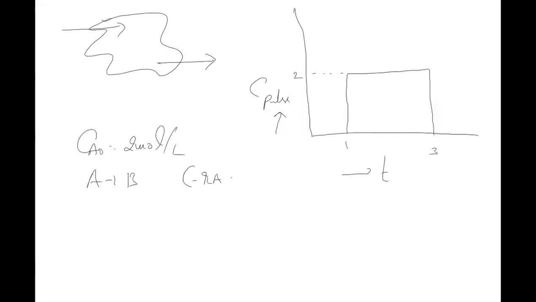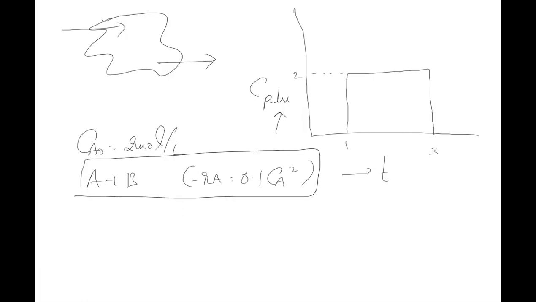What is the expected conversion? Kinetics is given as A gives B reaction, minus RA equal to 0.1 CA square.